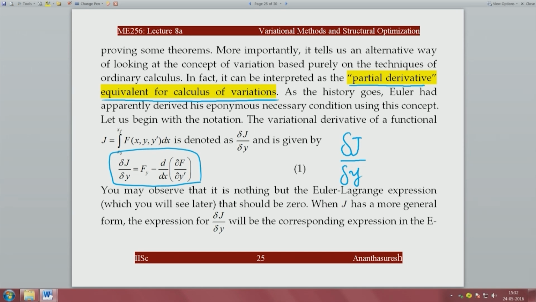In other words, when do we take a partial derivative? When you have multiple variables. If you take it with respect to one, that becomes a variational derivative, which is given by something that looks strange now. We will come back to this to see what this variational derivative means.